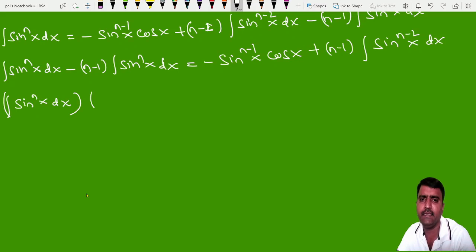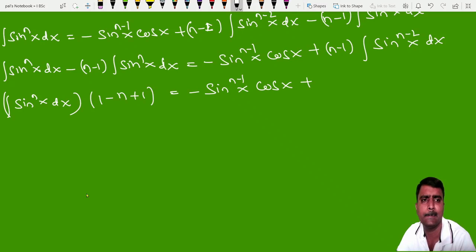Then the remaining is 1 plus n minus 1, so it becomes n. So n is equal to minus sine to the power n minus 1x into cos x plus n minus 1 into integration of sine to the power n minus 2x dx.